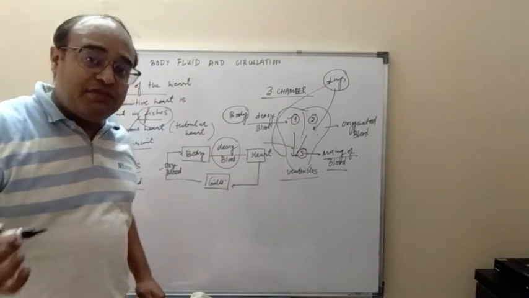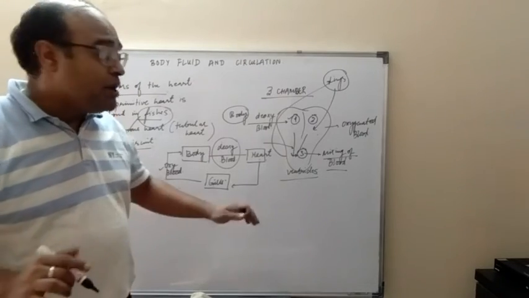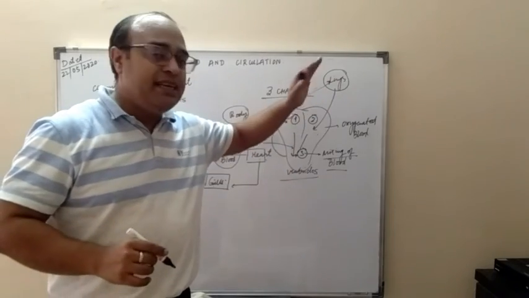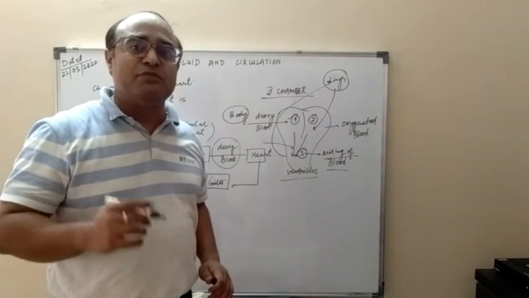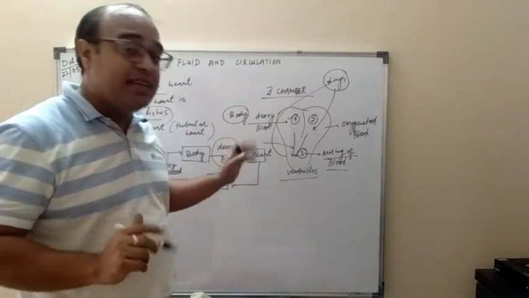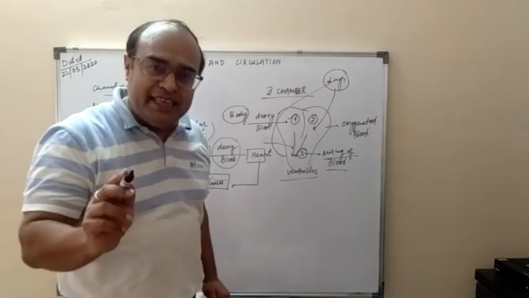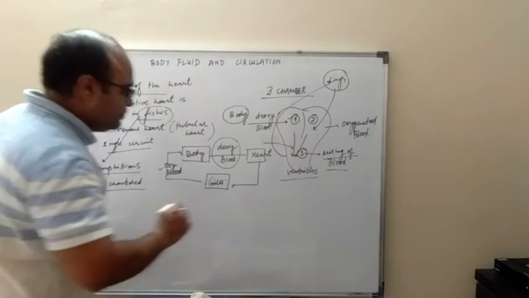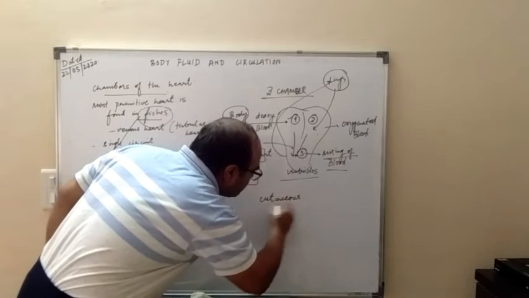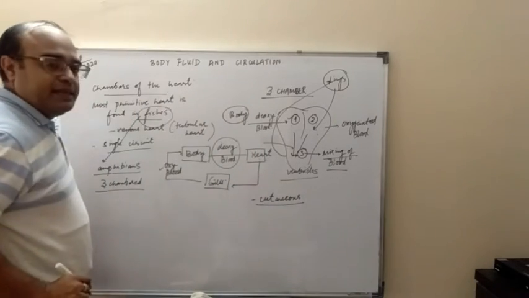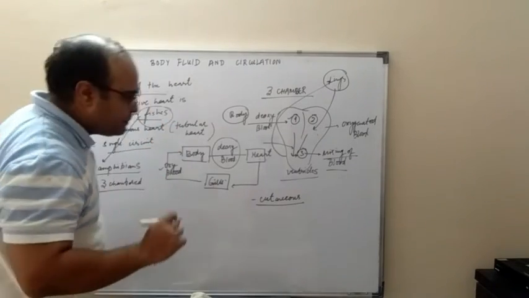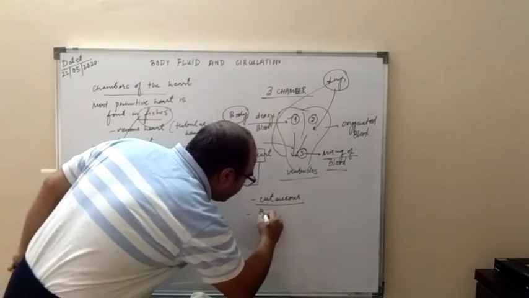That's why these amphibians have more than one way of respiring. It is not just the lungs through which they respire, they have two more ways. Number one is cutaneous respiration, which is respiration through the skin, and the second is branchial respiration.